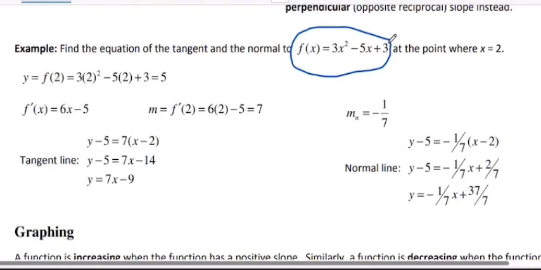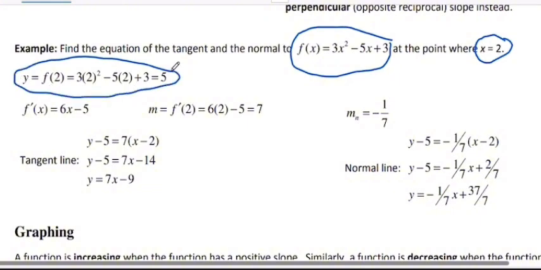If you go by the steps I showed you, we need to plug the given value of x into this equation. When we do that, y equals 5. So the initial value of x is 2, and the initial value of y is 5. After that, the next thing we are going to do is differentiate this function.